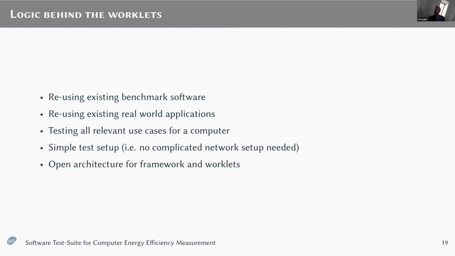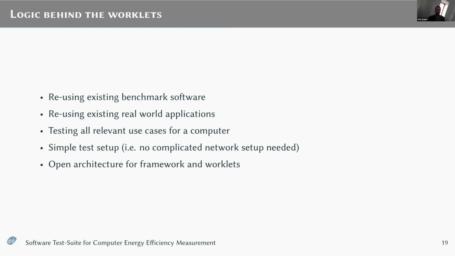So we wanted to use real world applications, and we also wanted to test as many use cases for a computer as possible, of course. The test setup should be relatively simple. So one of our main goals was to have no external connections, so that you are independent when running the test of any internet connection, or that your internet connection speed doesn't affect the test result, so to speak.